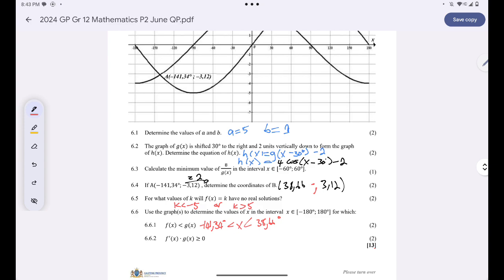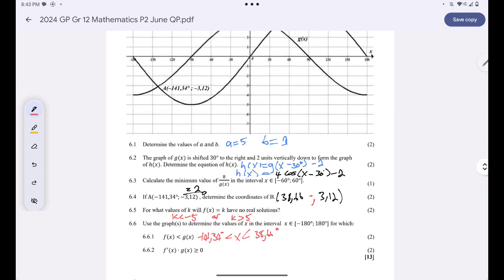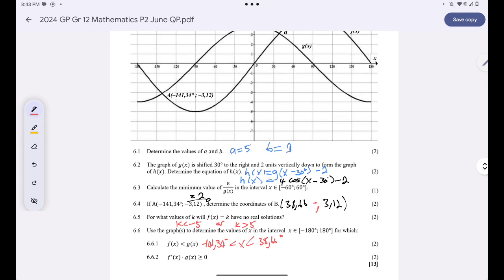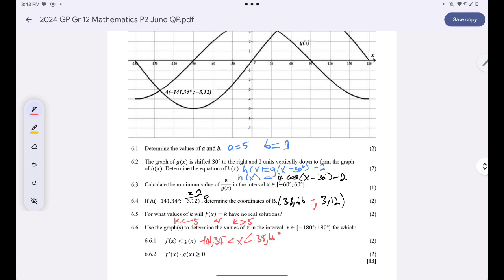where the gradient of f multiplied by g will have the same sign, right? Okay, let me indicate the gradient of f by using the red ink. Whenever my graph is going down, it simply means that my gradient is negative. And when I'm at the turning point, my gradient is 0.